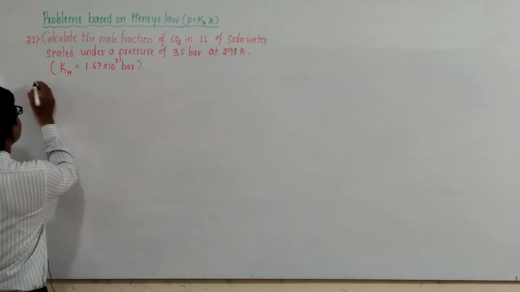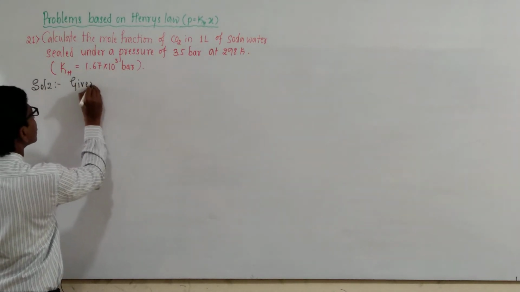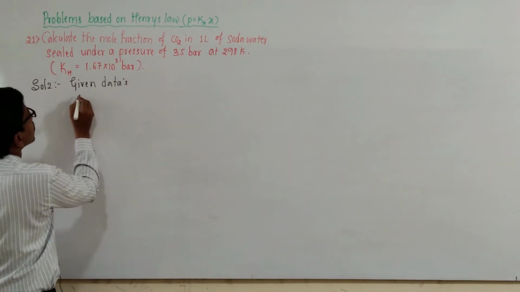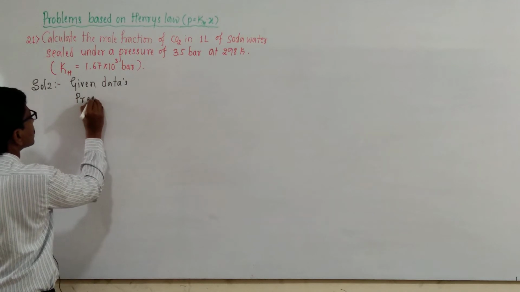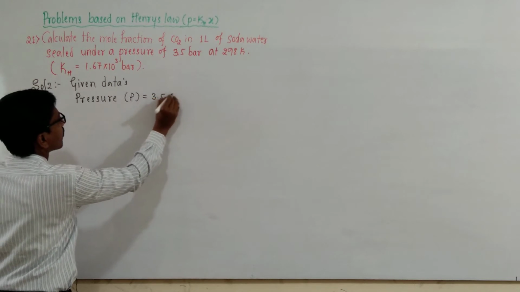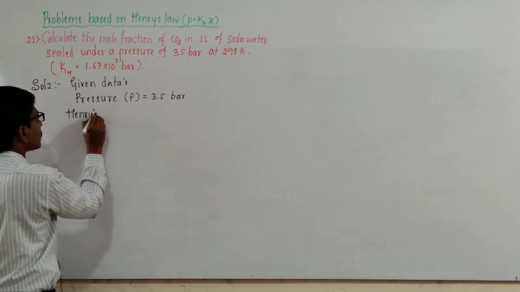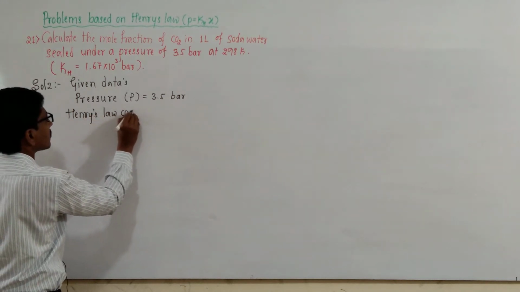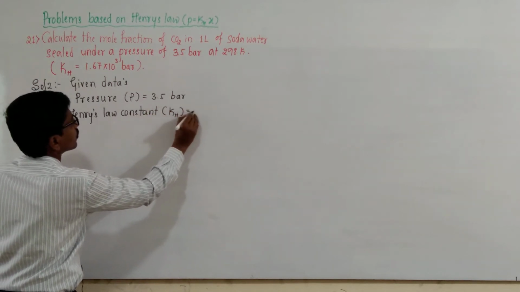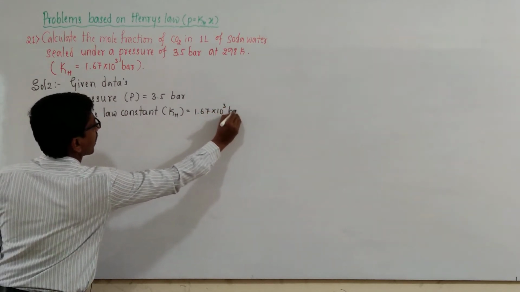Given data are here. Pressure P is equal to 3.5 bar. Henry's law constant KH is equal to 1.67 into 10 raised to 3 bar.